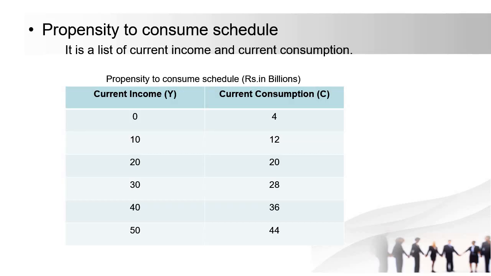So the table depicts the linear income consumption relationship, that is, the consumption changes by a constant proportion of the change in income. Each time the income changed by rupees 10 billion, the consumption changed by rupees 8 billion. That is the linear consumption model. It is expressed by the formula C is equal to A plus BY.